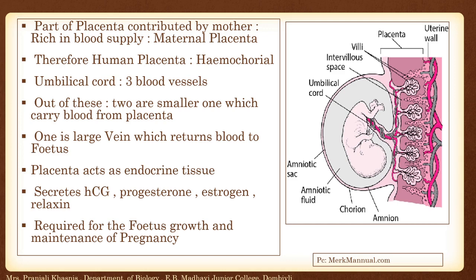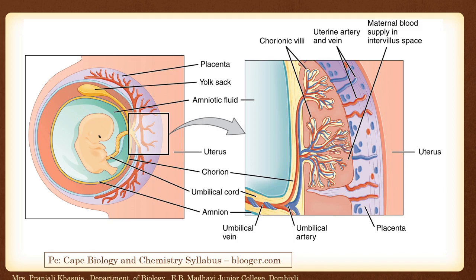Of these, two are smaller, and one, a large vein, carries blood from the placenta and returns it to the fetus. The placenta acts as an endocrine tissue. It secretes hCG, progesterone, estrogen, and relaxin hormones, which are required for fetal growth and maintenance of pregnancy.